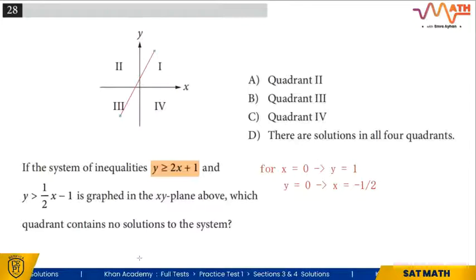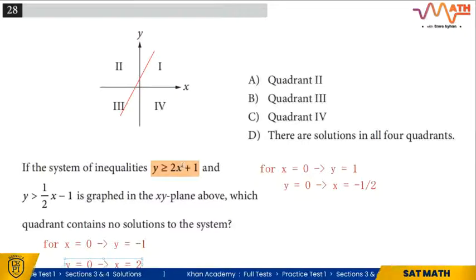And for the second one, again, let's use the same idea. For x equal to 0, y will be equal to negative 1. And for y equal to 0, x will be, when you send 1 to the other side as positive, times 2, it is 2.